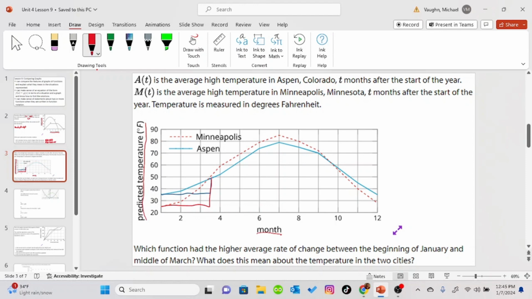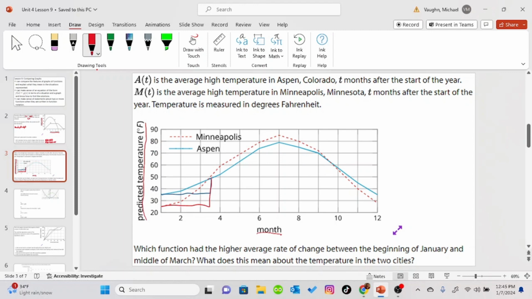This one does not require us to solve mathematically because both cities end up around the same temperature in mid-March. But what you'll notice is that Minneapolis started about 10 degrees lower.